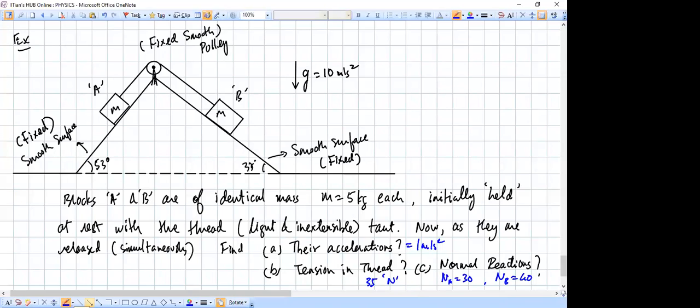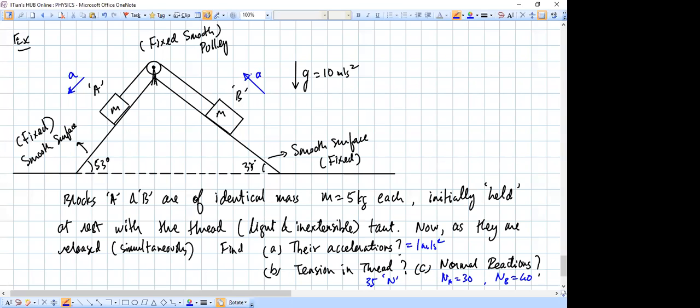And also they will move like this. This block will be coming down and this block will be going up because their weights are same, but that one is on a steeper slope. They have same magnitude of acceleration, but opposite directions.